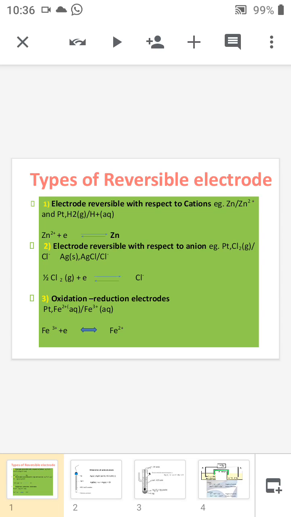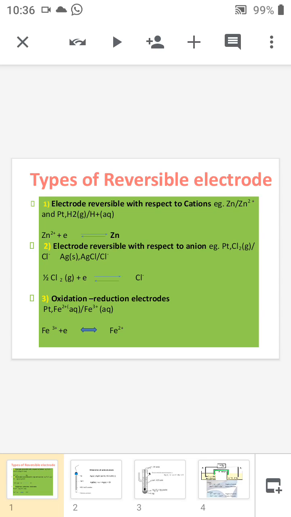a gas. That's why in such cases we make the half cell by passing the chlorine gas over an external support. Usually we use a platinum electrode. Platinum is an inert support, and we pass the chlorine gas through the platinum support.